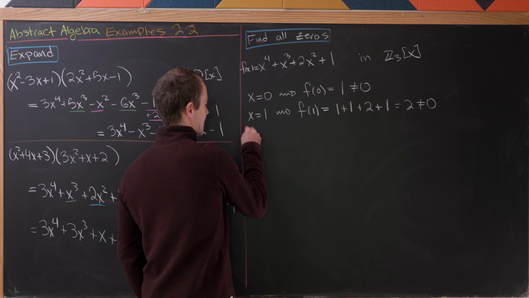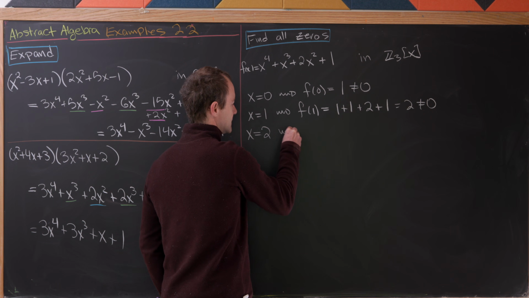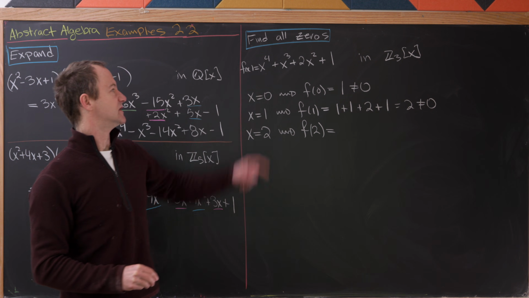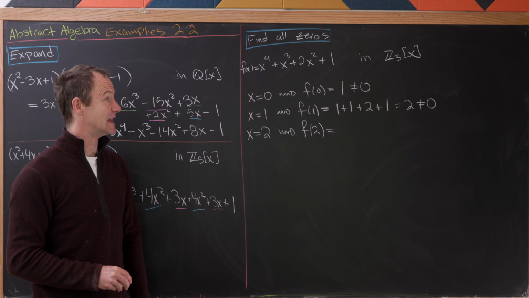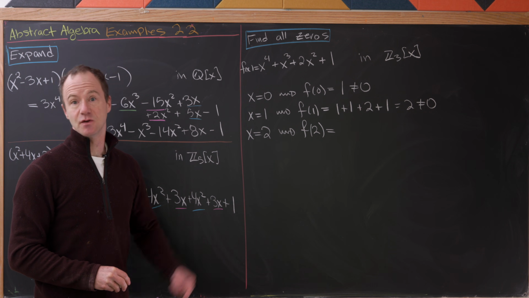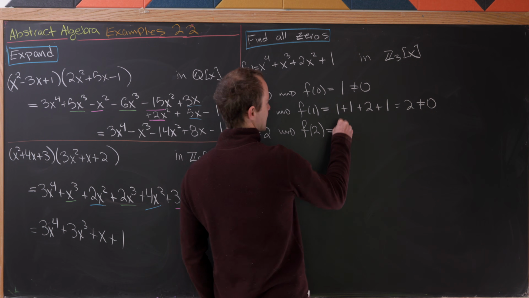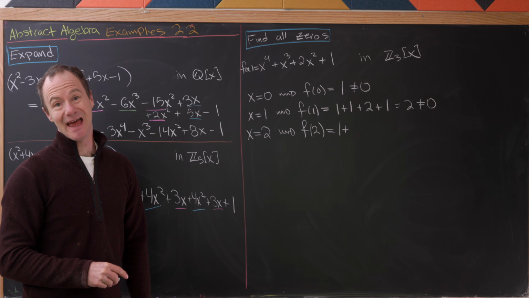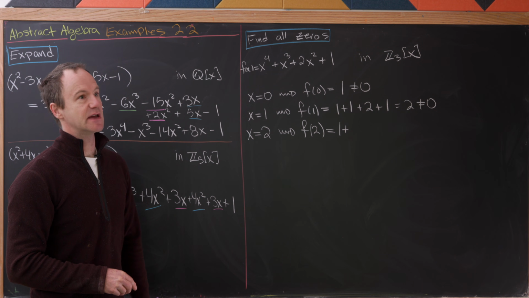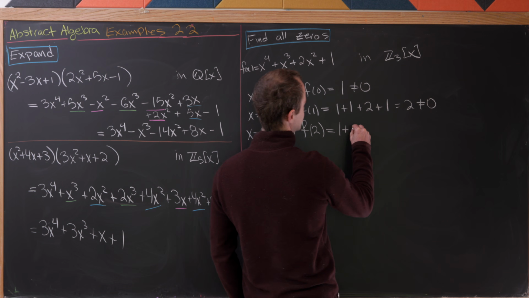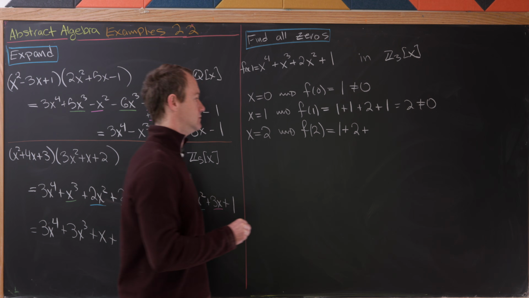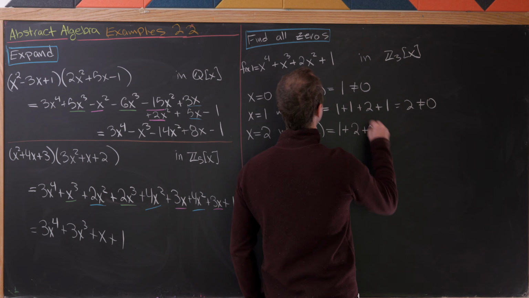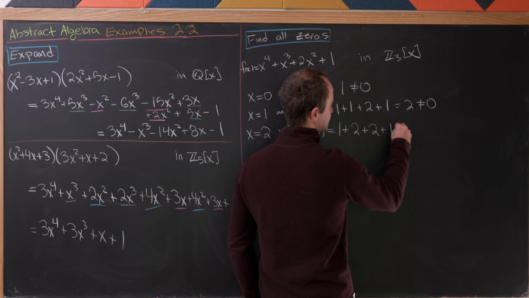So now let's look at x equals 2. So let's see, f of 2. 2 to the 4th is 16, but 16 is 1 inside of Z3, so that gives us 1, plus 2 cubed is equal to 8, but inside of Z3, 8 is equal to 2, so we have 1 plus 2, plus 2 squared is 4, so that's 1, so that'll be plus another 2, because we have a coefficient of 2, plus 1.